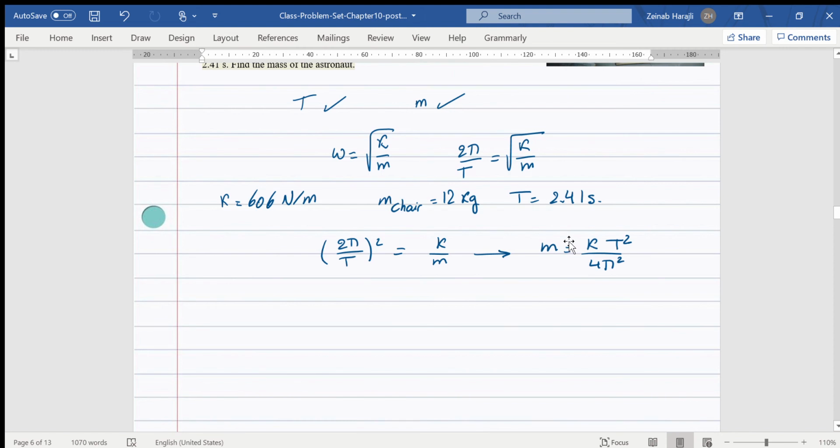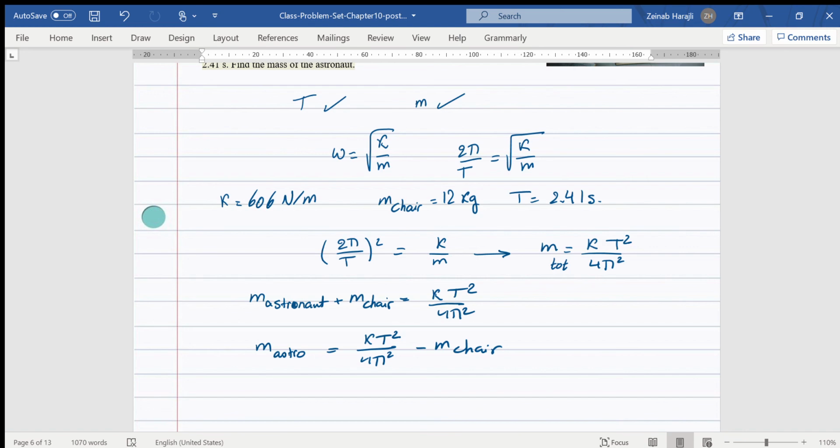And this mass, of course, is the total mass. So it will include the mass of the astronaut plus the mass of the chair. So if I want to write a final formula for the mass of the astronaut, this is what we will get.